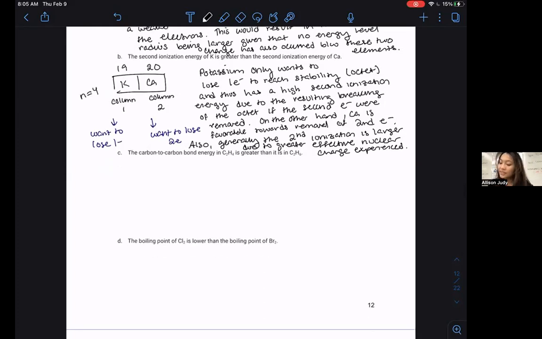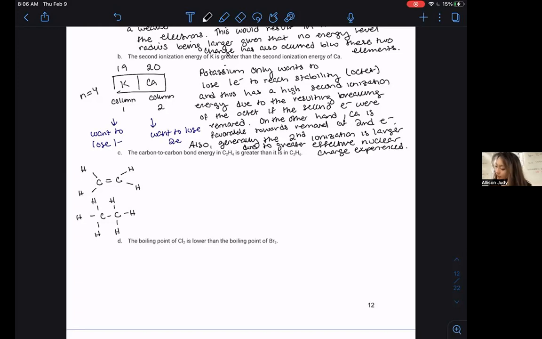Let's go on to the third one, C. The carbon to carbon bond energy in C2H4 is greater than that in C2H6. You might want to draw out the Lewis structures, and what you would find is C2H4 is ethene, which is double bonded, whereas C2H6 is what we call ethane, and it is all single bonds.